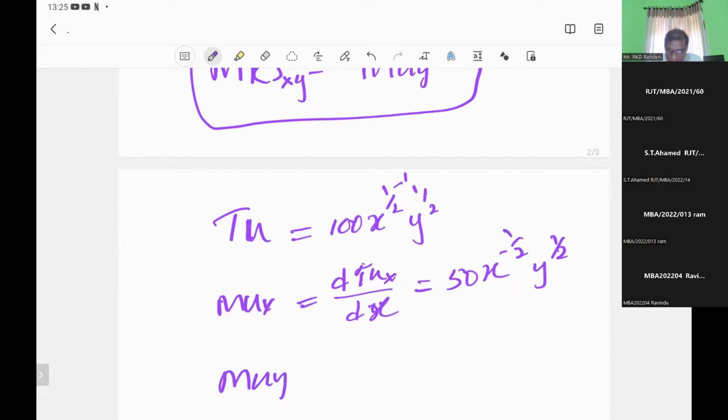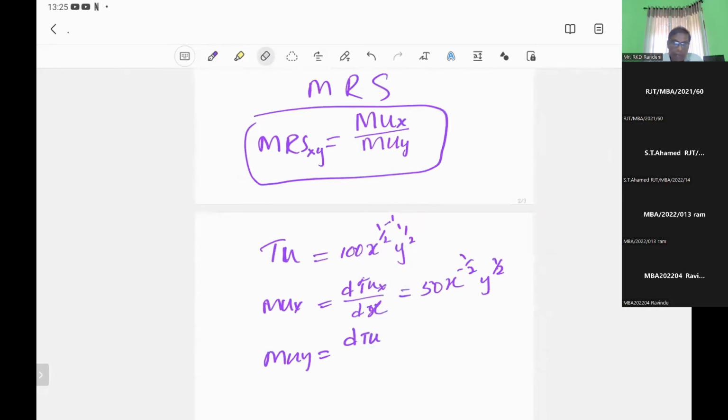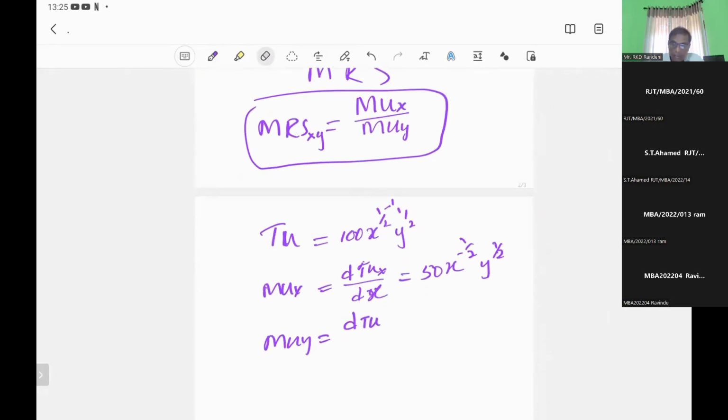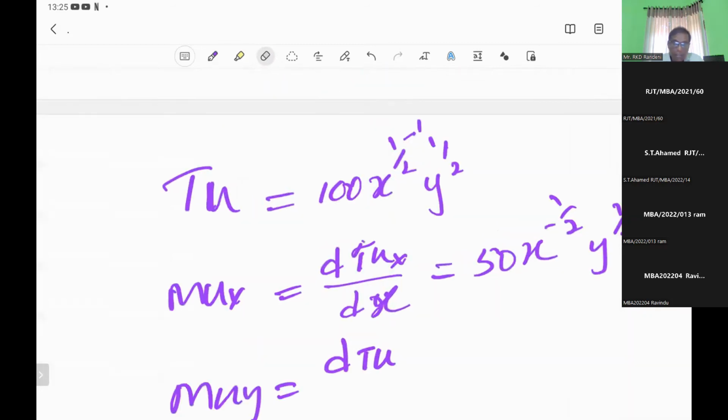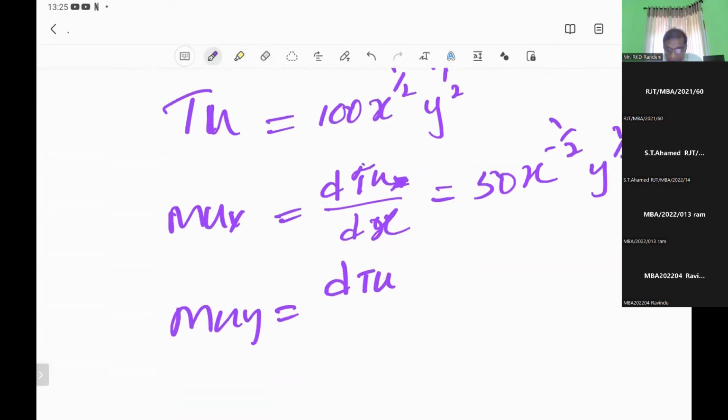Then MUY, you have to differentiate that TU function. Remember that here there is no x, right? The TU function, you have to differentiate subject to y.